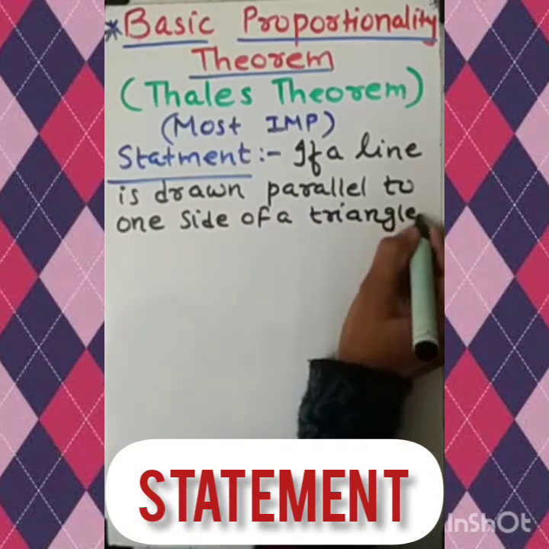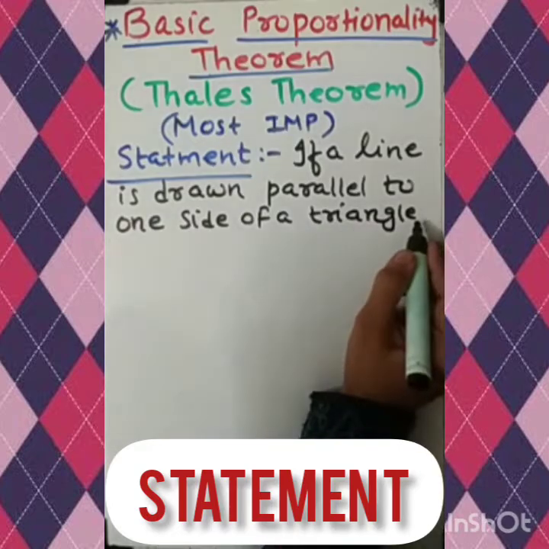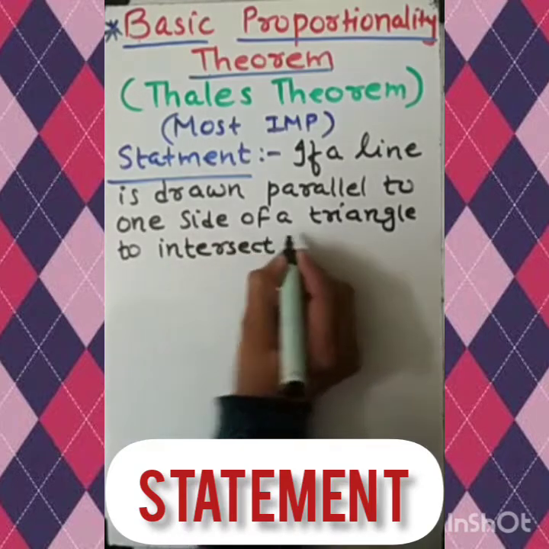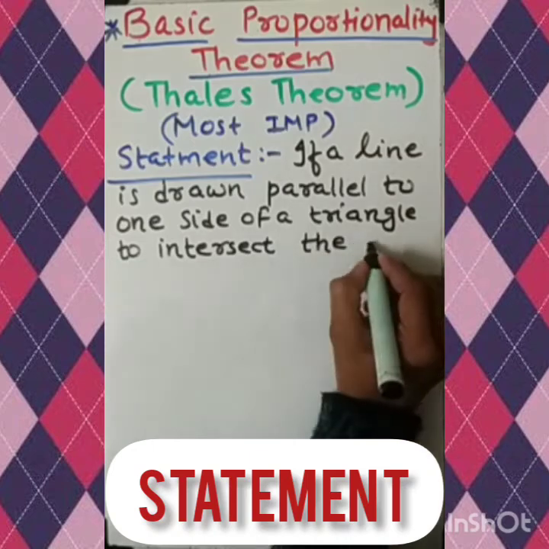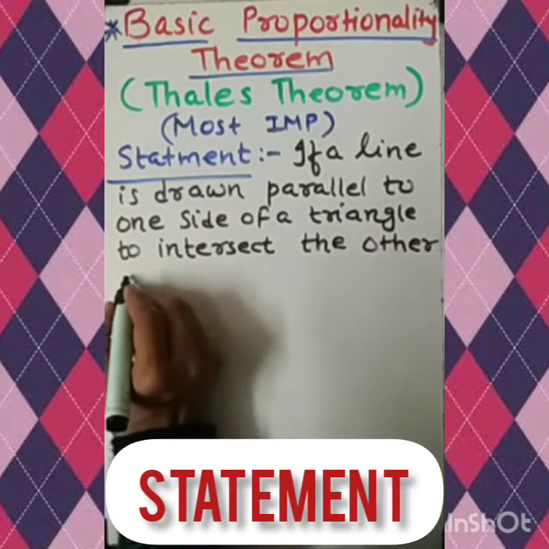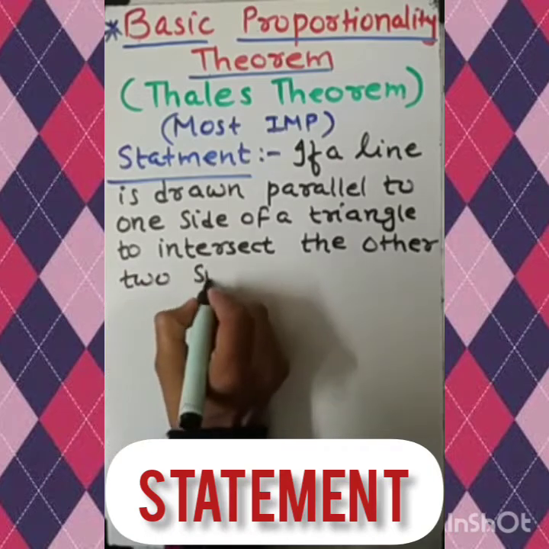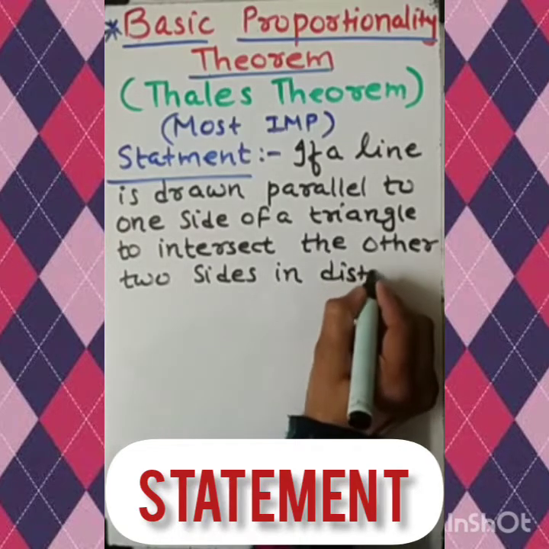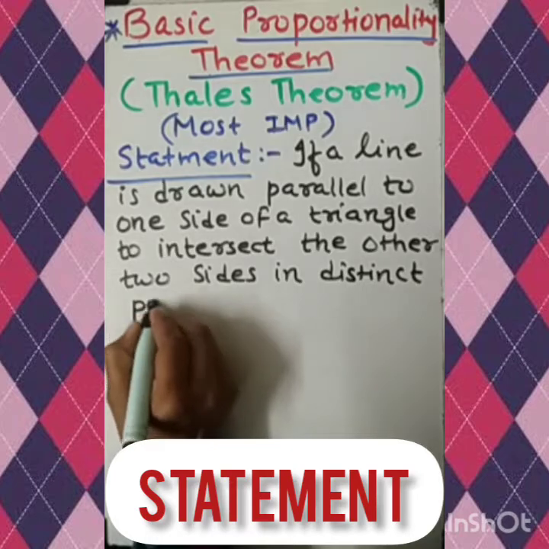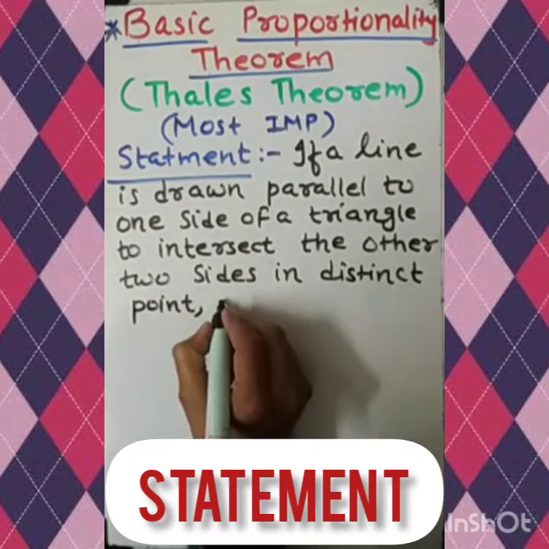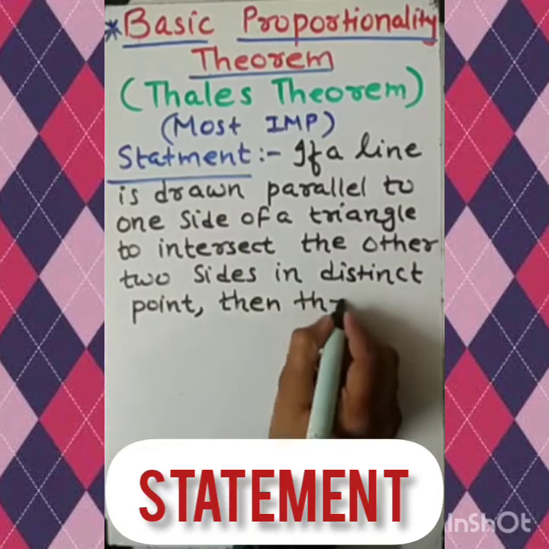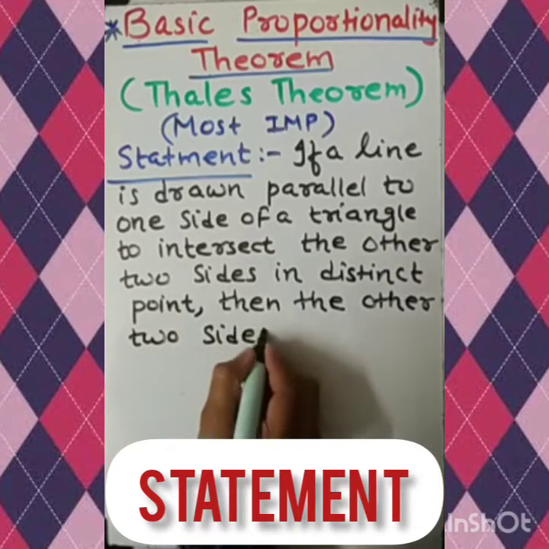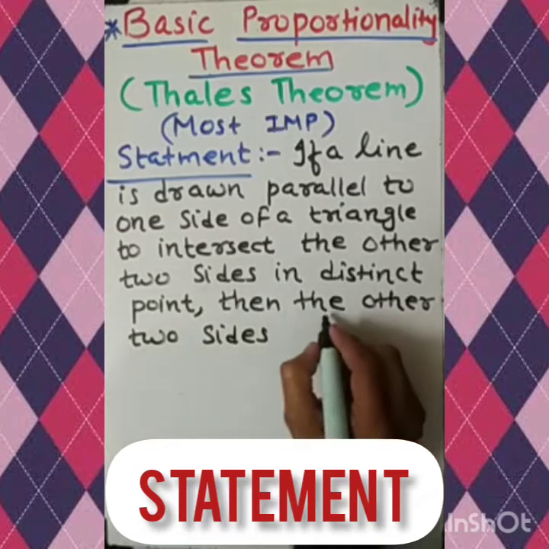if a line is drawn parallel to one side of a triangle to intersect the other two sides in distinct points, then the other two sides are divided in the same ratio.